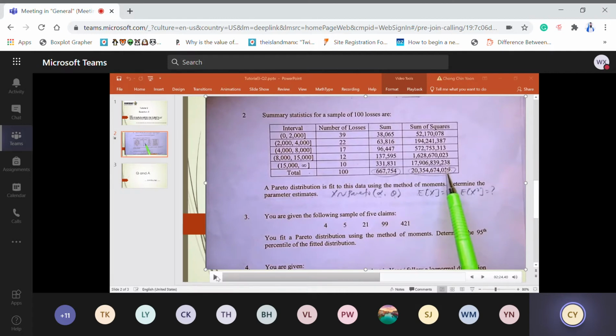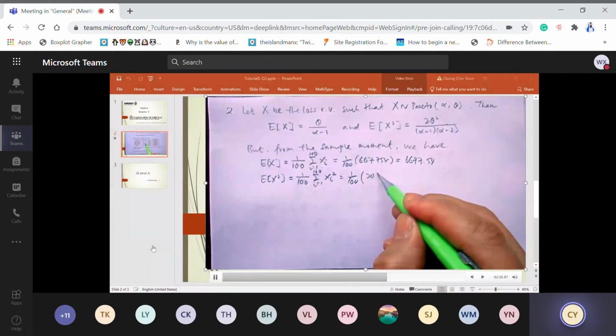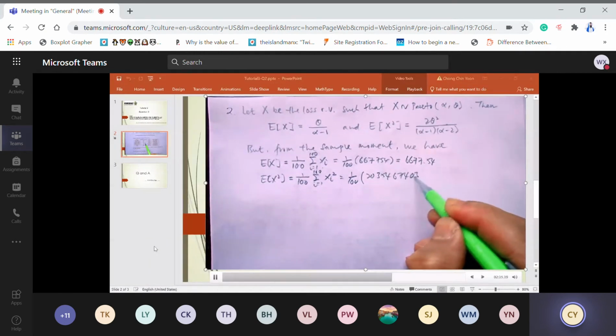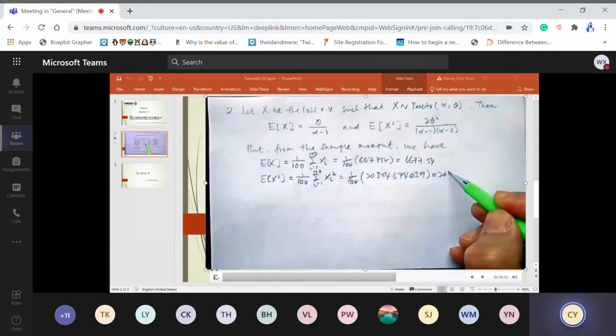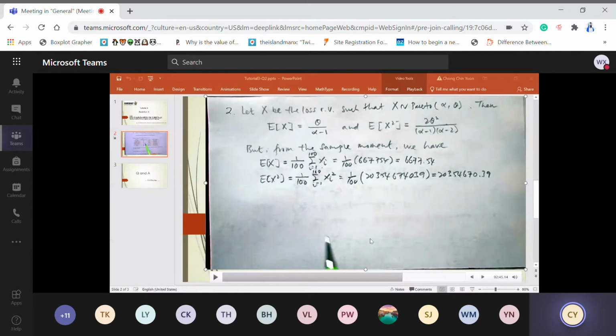So this figure, so we have, and this will give me, so that is what I want to highlight here. Some students treat the expected x as this value.